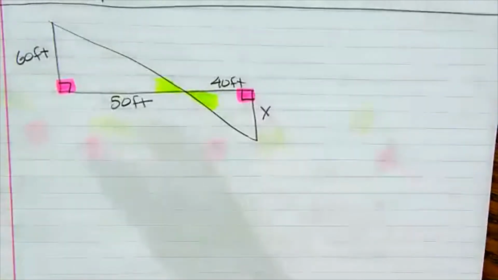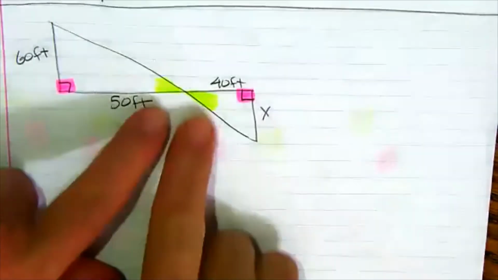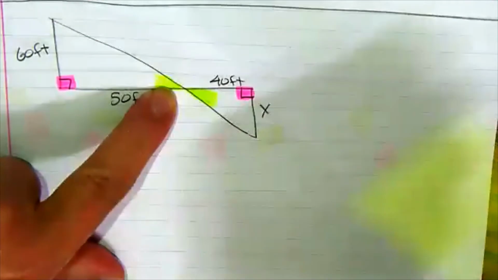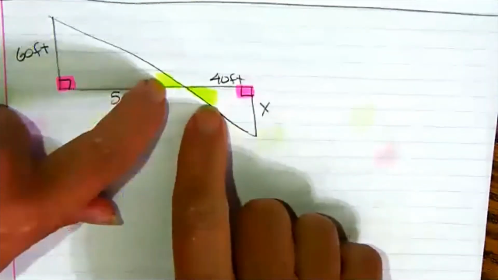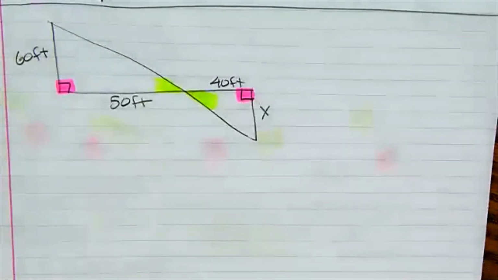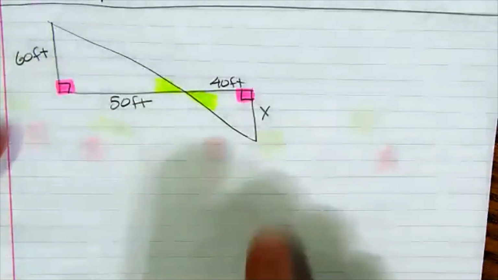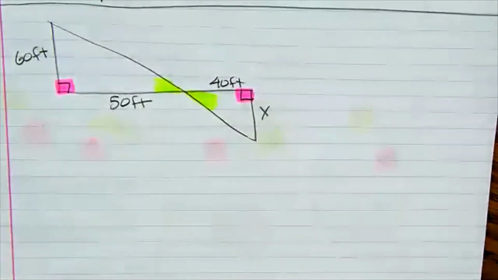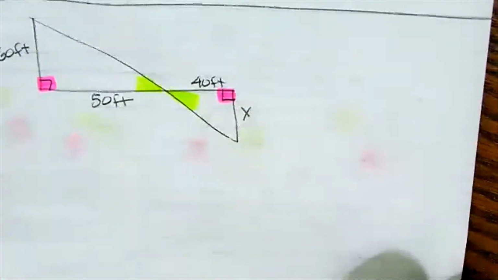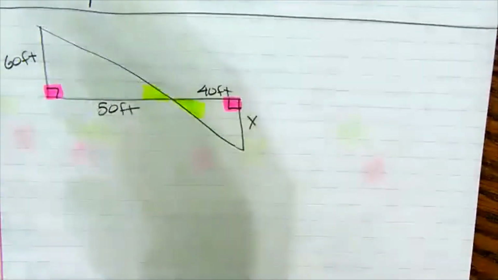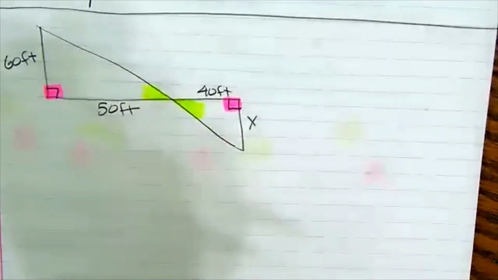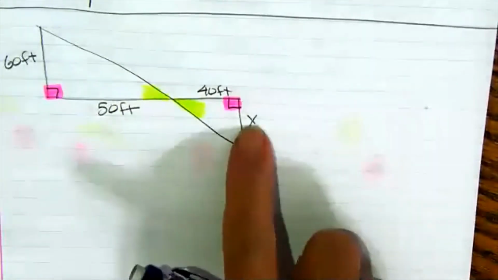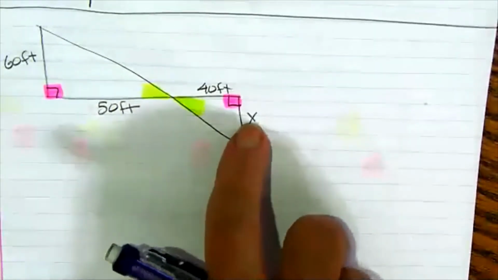And we know that vertical angles are congruent. So we now have our two pairs of congruent angles. And that proves that these triangles are similar. So now that we've proven that these triangles are similar, yes, we can use proportions to figure out X.